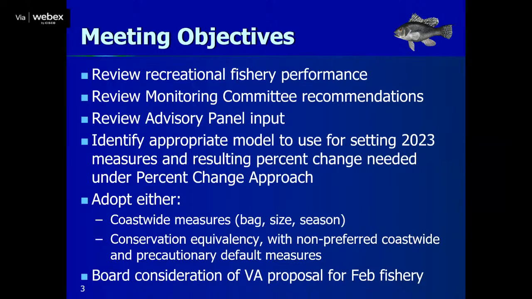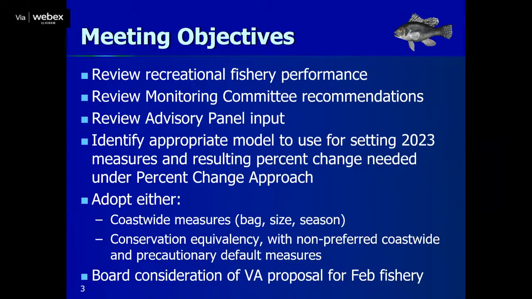So before we get into that, we'll first review some high-level information on recent recreational fishery performance, review the monitoring committee recommendations, review advisory panel input, and then the objective is, well, we were hoping that the council and board could identify the appropriate model to use for setting 2023 recreational measures and the resulting percent change needed under the percent change approach. And then the council and board also need to approve today the use of either coastwide measures or conservation equivalency for black sea bass.